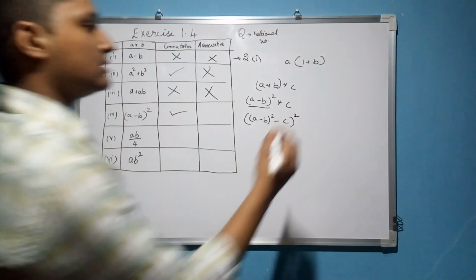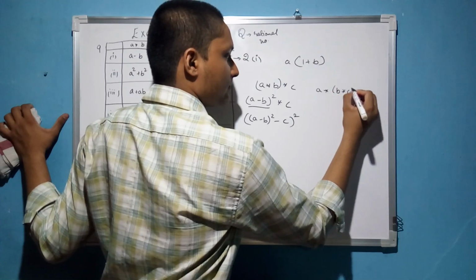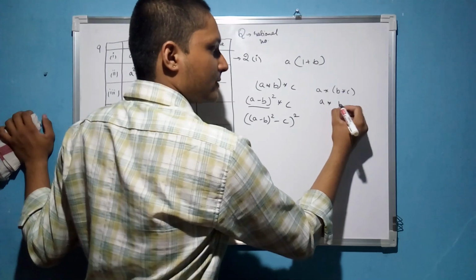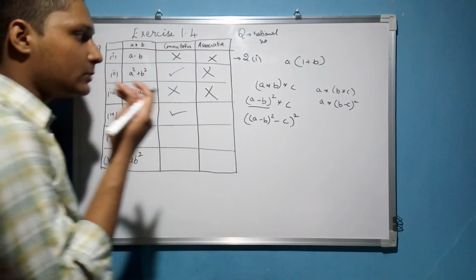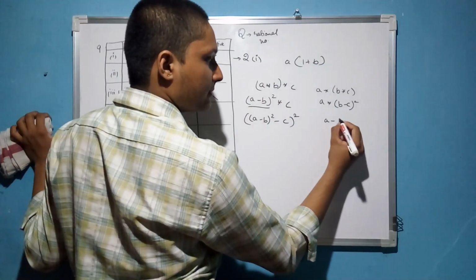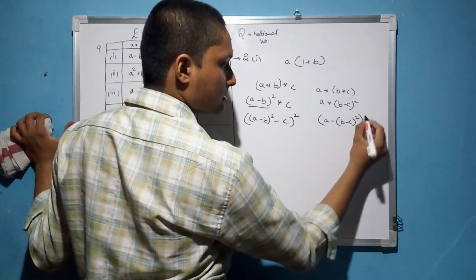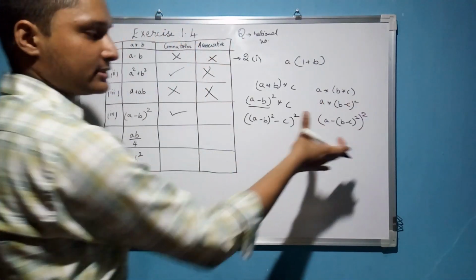Now the second part is a star b star c, that is a star first minus second whole square, that is b minus c whole square. Again you are going to do the same, first minus second, the whole square.